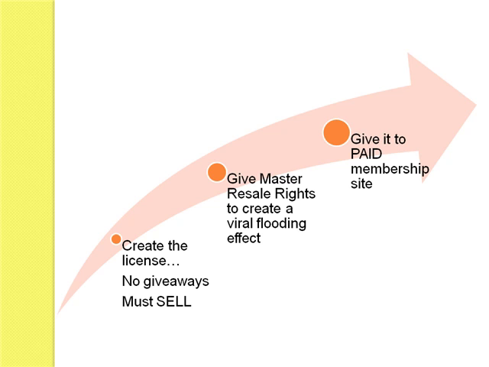Before you market it, you need to create the license. The license tells whoever gets the report what they can and cannot do with the report. So what you need to do is basically create the license. What my recommendations would be is no giveaways, which means people cannot give away your report for free.